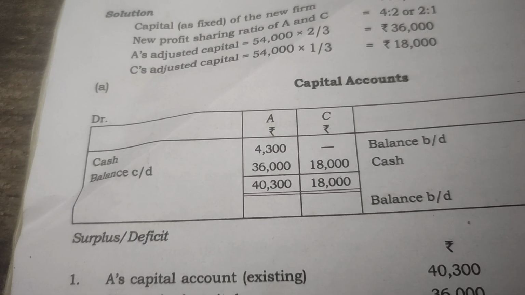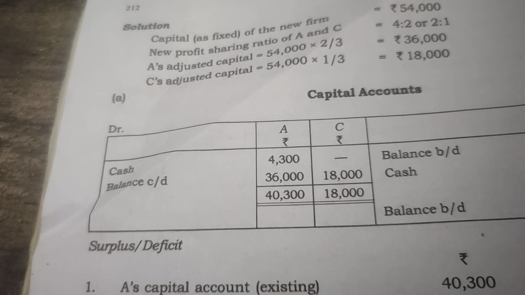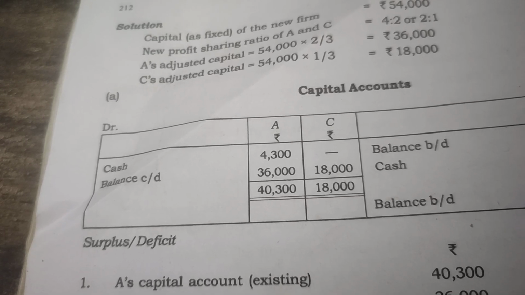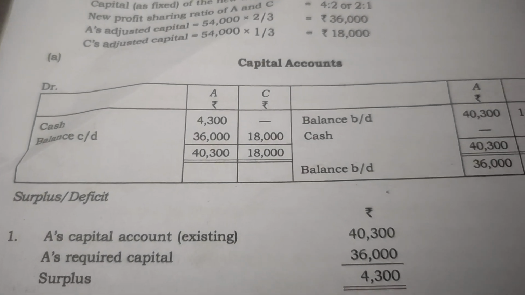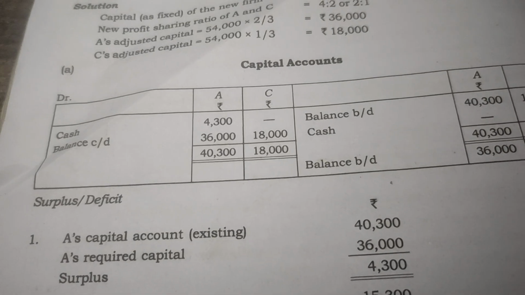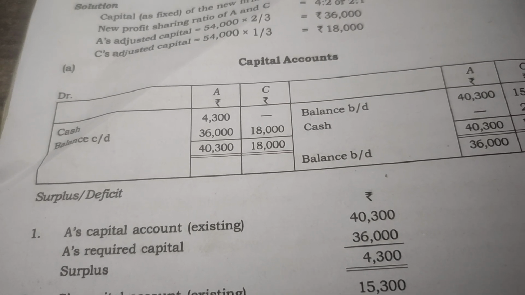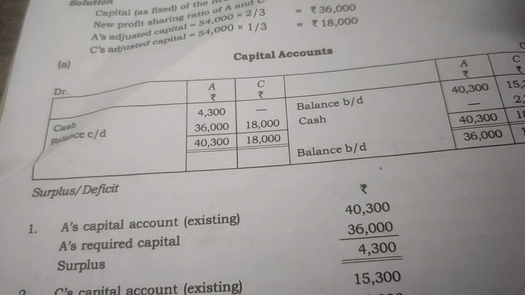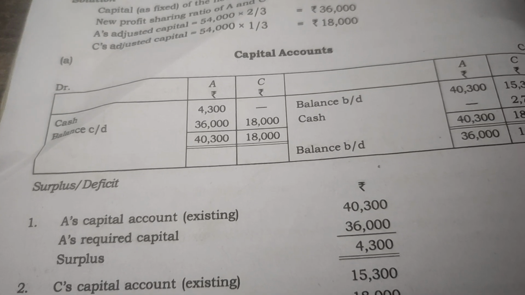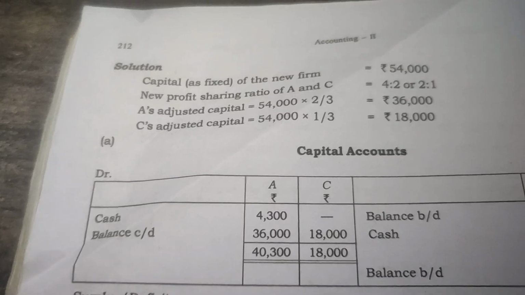Adjusted capital means, after B retires, A and C fix the capital amount. The proportion of this new capital amount should be calculated. That is the adjusted capital.